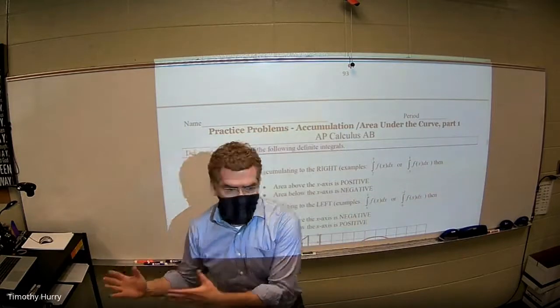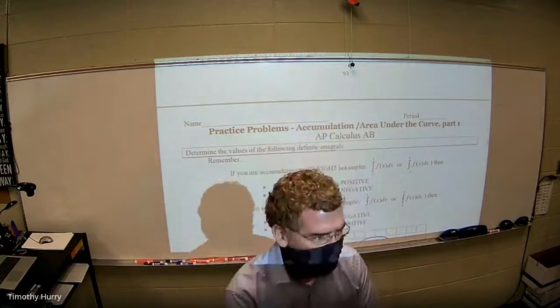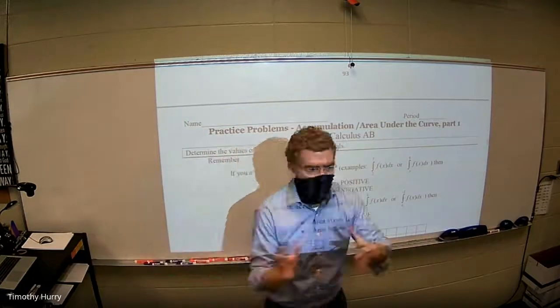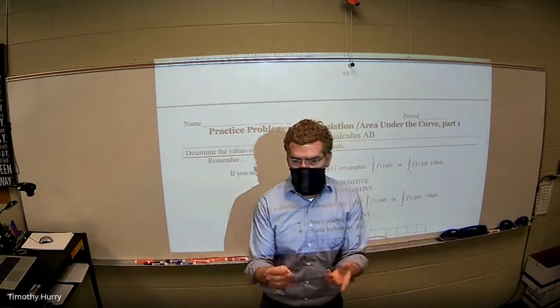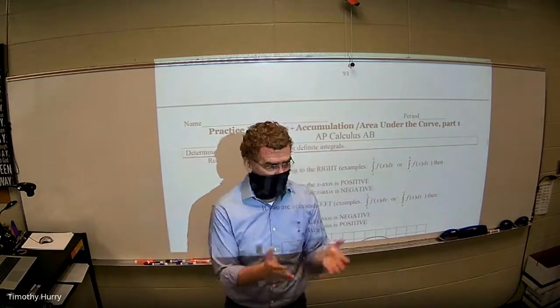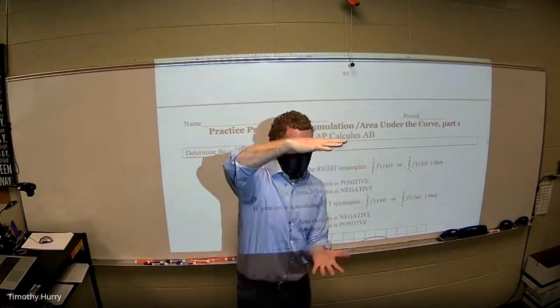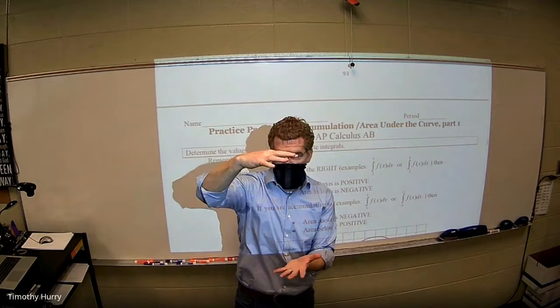And so all of my areas that I found, whether you were thinking about them as area or distance traveled or whatever, were positive. That's the first thing I want you to know about accumulation. When you accumulate area from left to right, anything above the x-axis is counted as a positive area.